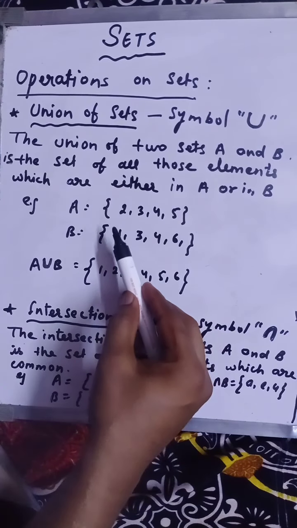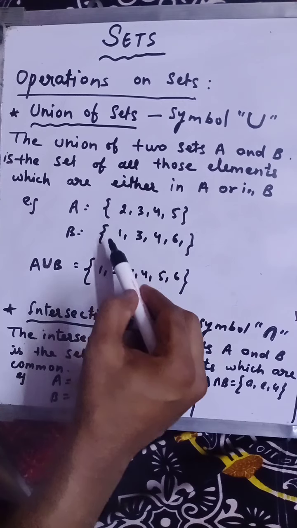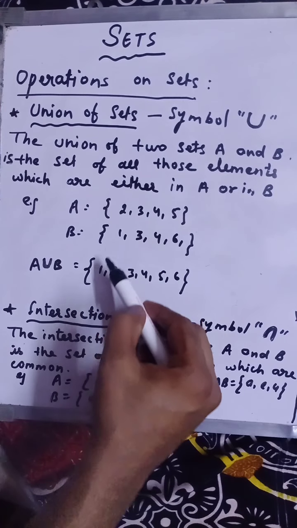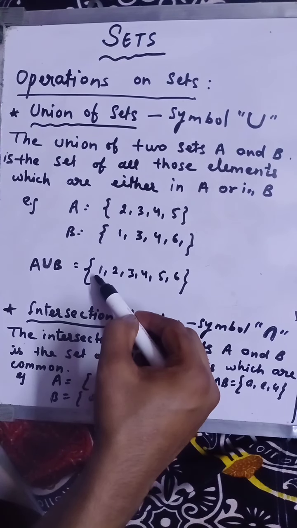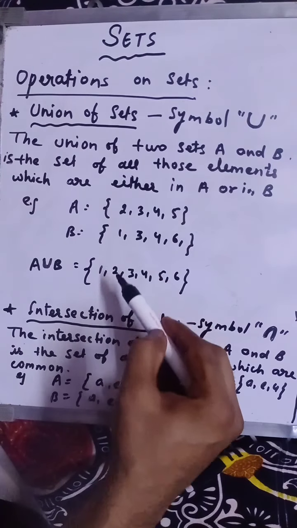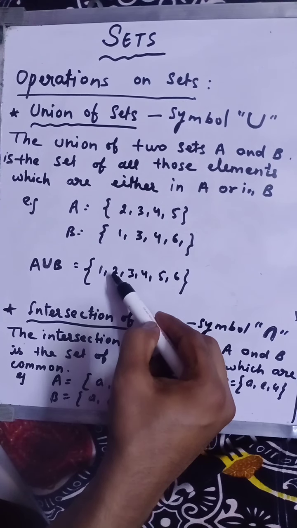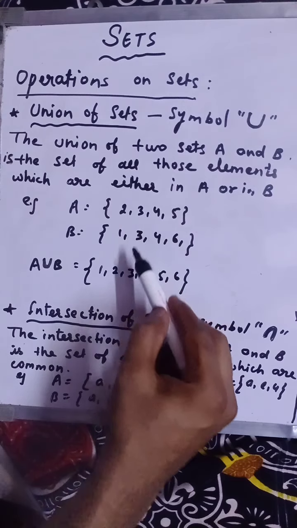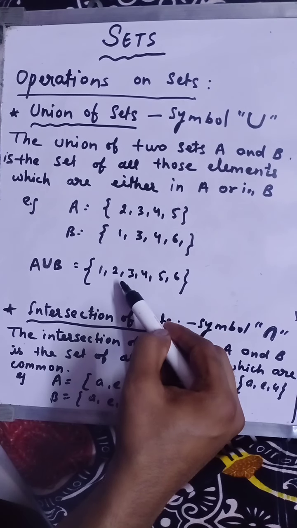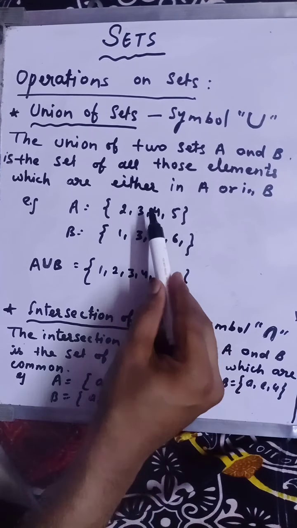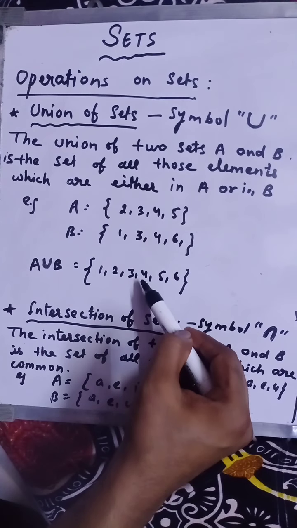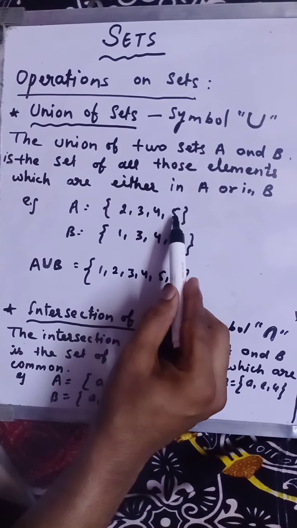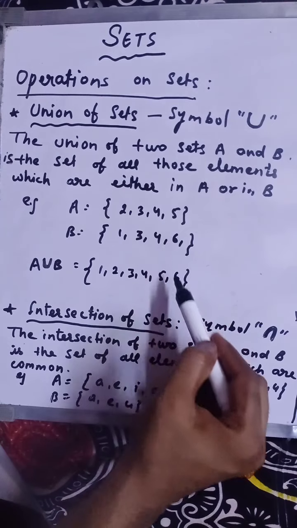So first I start with 1, so 1 is coming, so you have to write 1. Then the next element is 2. Then 3 is coming in both, so you have to write only one time. Then 4 is also coming in both, but you have to write it one time only. Then 5 is coming in this, so 5, and then 6.